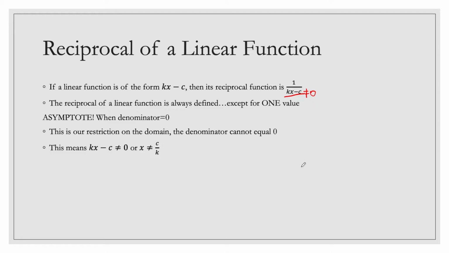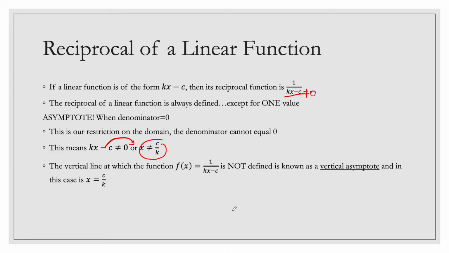That means that kx minus c cannot equal 0, which in other words means that x cannot equal c over k. How we got this is not too hard. All we did is move the c over and then divide by k, so we're just isolating for x. The vertical line at which it is not defined, as I already mentioned, is known as a vertical asymptote. In this case, it has a very special equation. It's just c over k.